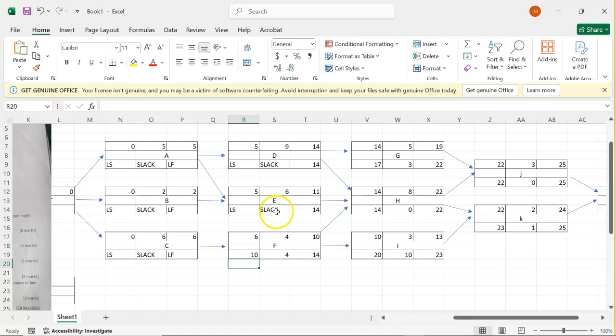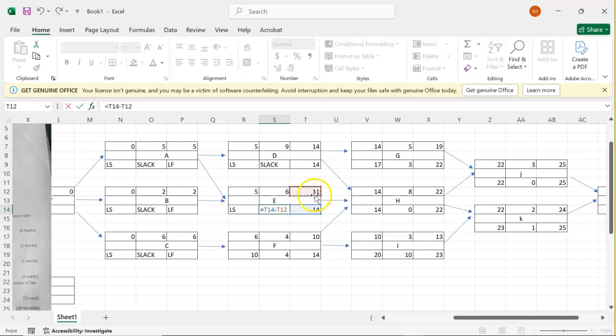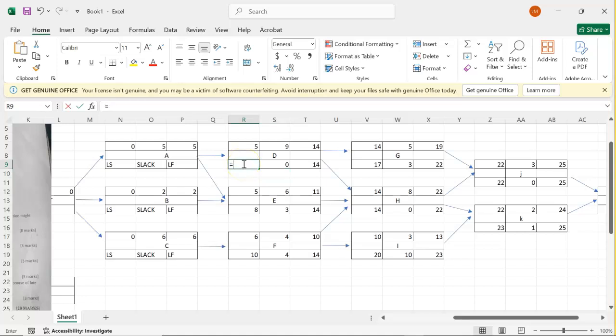So there again it will be the number minus that. Those are the numbers.